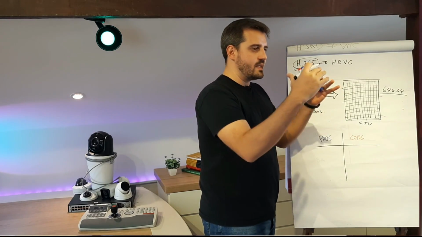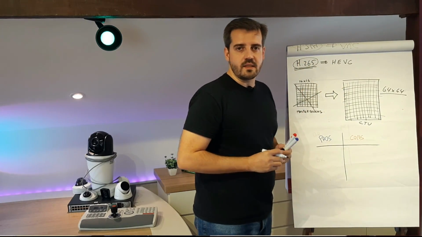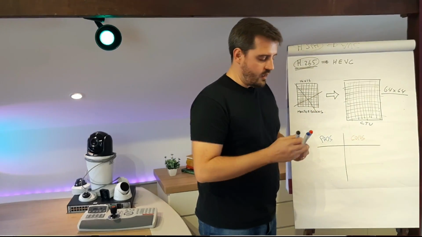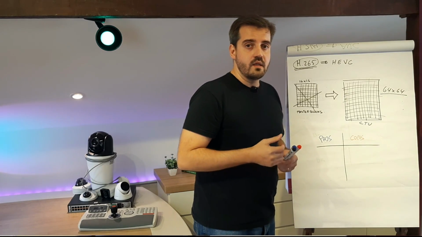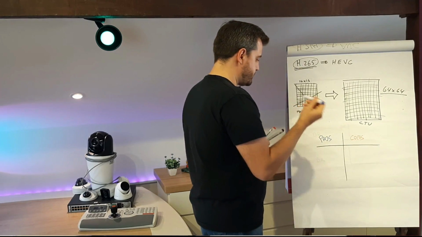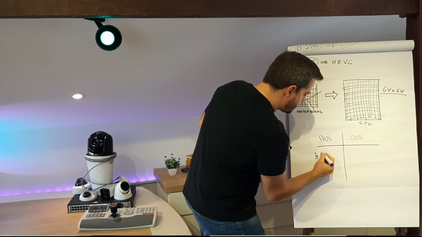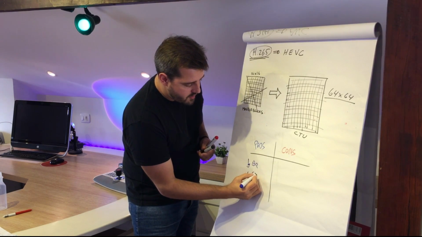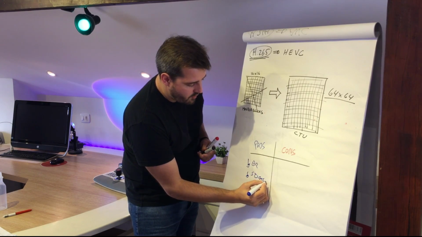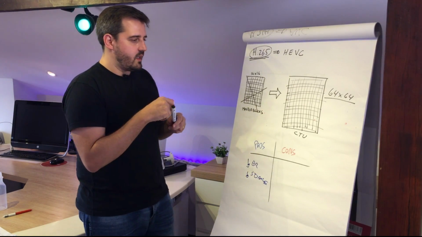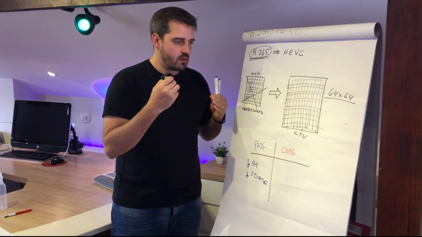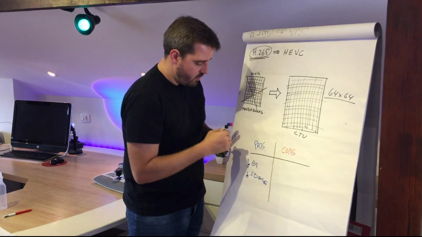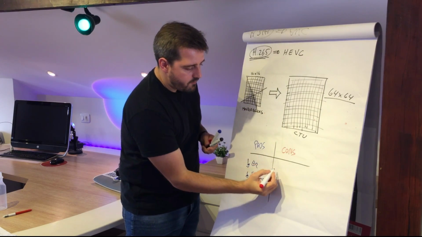So it will group similar information as the same pixel. This will reduce a lot the bitrate and a lot of the storage needed in the NVR. So pros, less bitrate compared to H.264, less storage, and of course we have more work going on the camera side, so we will have more processing power.